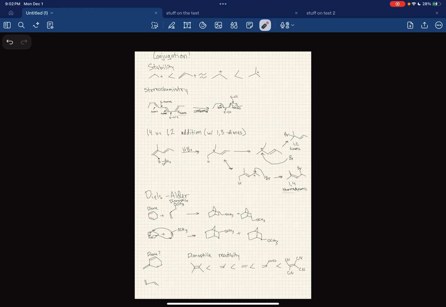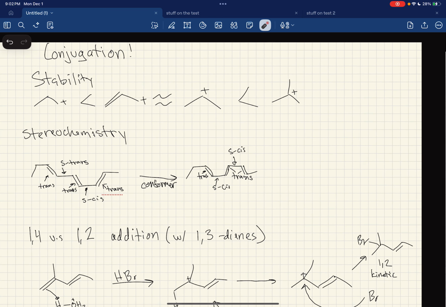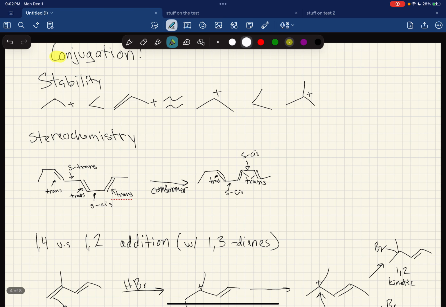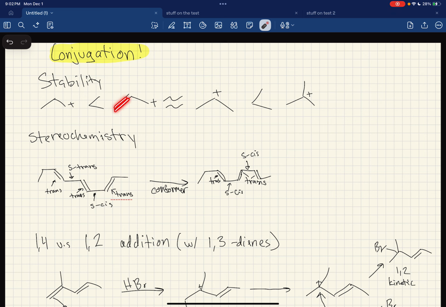All right, chapter 14. Conjugation, resonance, all that type of stuff. So we're going to have to rewrite the stability rules a little bit that you guys learned about for carbocations, because we're going to include an alkene in there now.